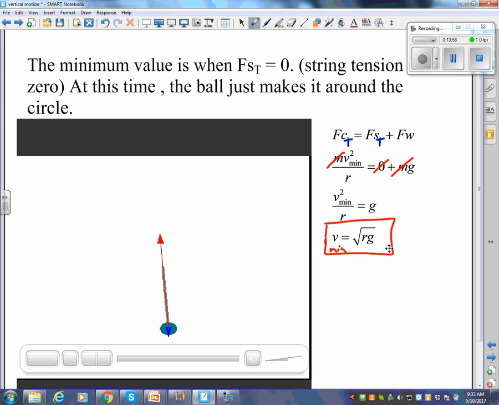Does the size of the car matter? What canceled on both sides? The mass. The mass of the car doesn't matter when you're going in that loop-de-loop. The mass of the car does not matter. So it didn't matter whether he was carrying gold bars in his pockets or helium balloons. The mass of the car doesn't matter. V min is equal to square root rg.